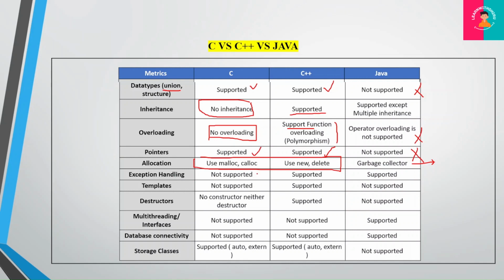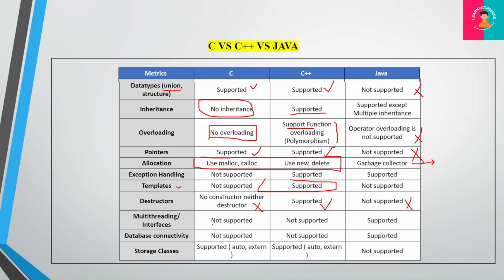Exception handling is not supported in C, but it is supported in Java. Templates are supported in C++ but not in Java. Constructors and destructors: there is no concept of a destructor in Java. C++ supports the concept of destructors, and destructors are not supported in Java.